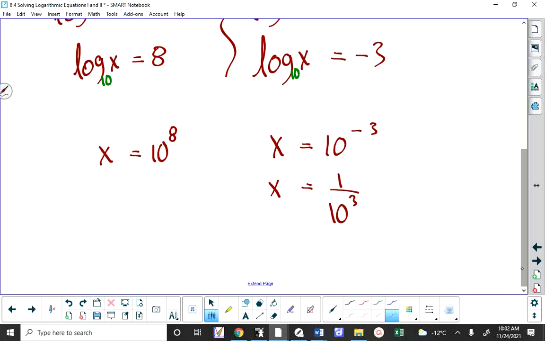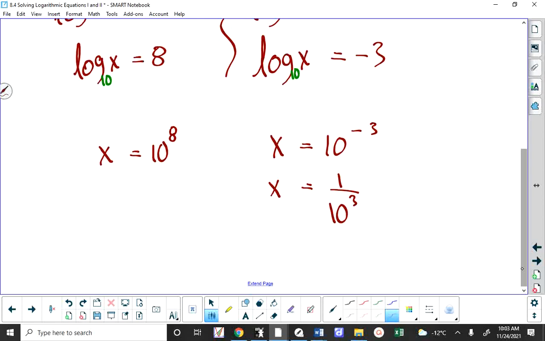Now, you want to be careful here, everybody. Just because you get a positive solution doesn't mean it can't be extraneous. Because maybe when you put that positive number in for x, the argument becomes negative. Because maybe the argument is 1 minus x, and when you subtract x from 1, you get a negative.